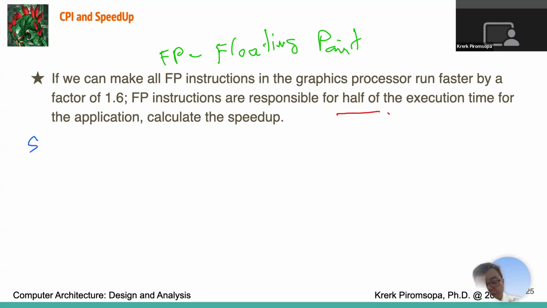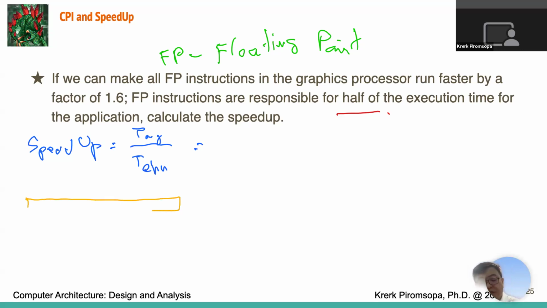Same thing, right? Speedup equals original time divided by enhanced time. What would be the original time? Okay, let's do some drawing then.